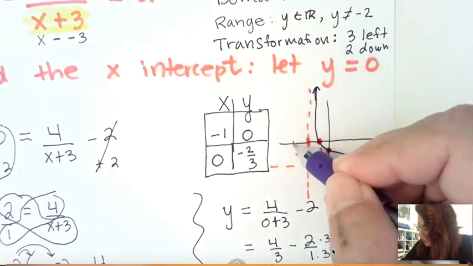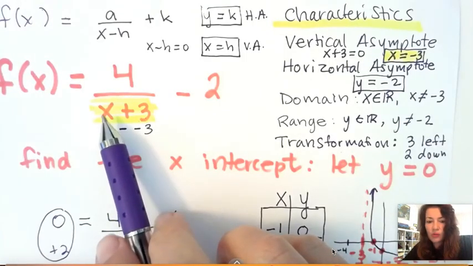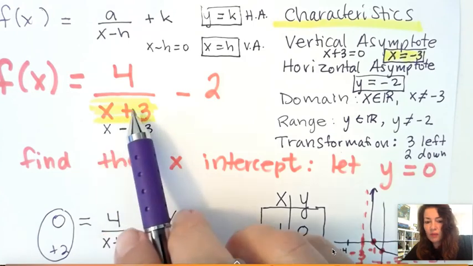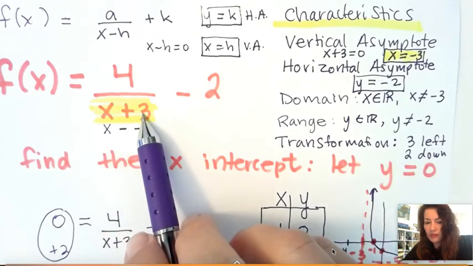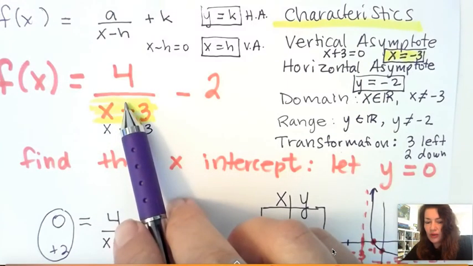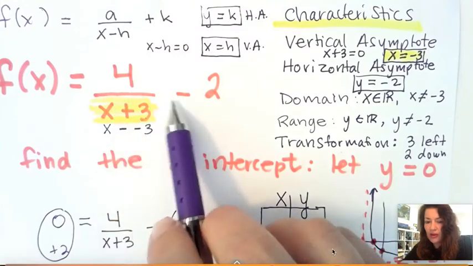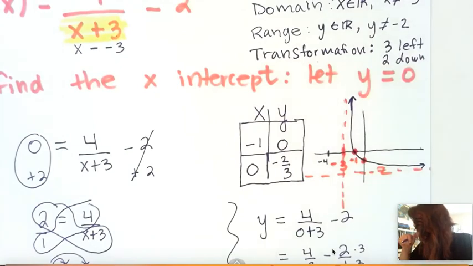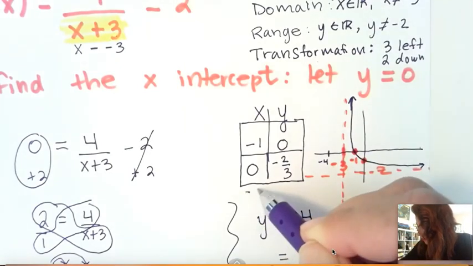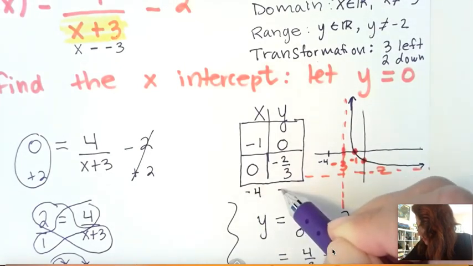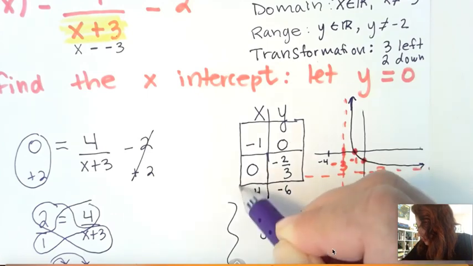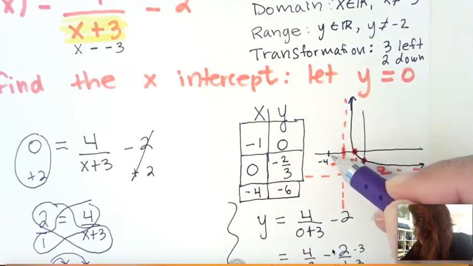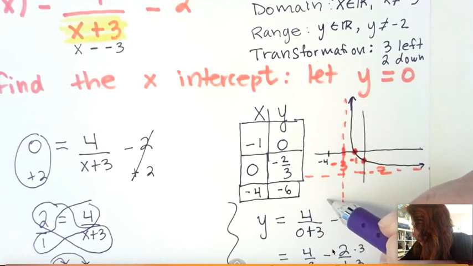If I move 1 over, let's say -4, and I plug in -4 here, what would we get? -4 plus 3 is -1. 4 over -1 is -4. And -4 minus 2 is -6. So when x is -4, we have y is -6. So we can add that to our table, and we can put that point somewhere here.